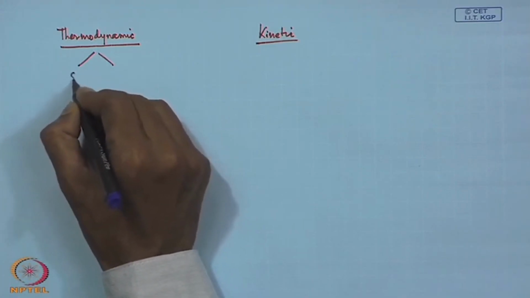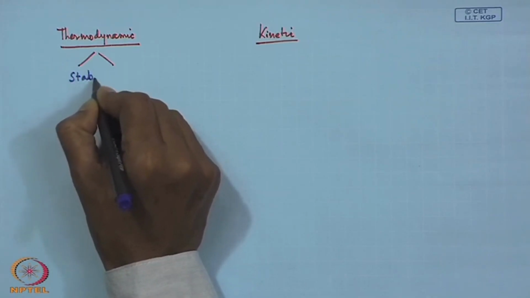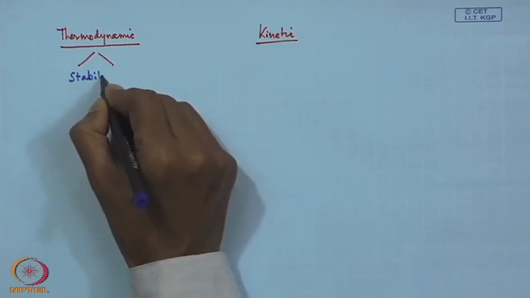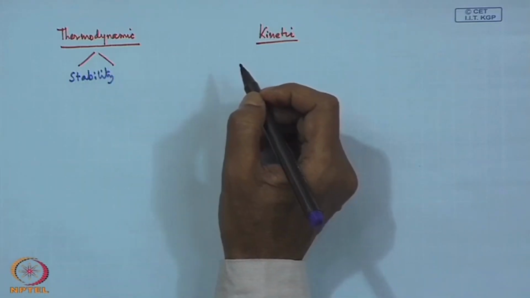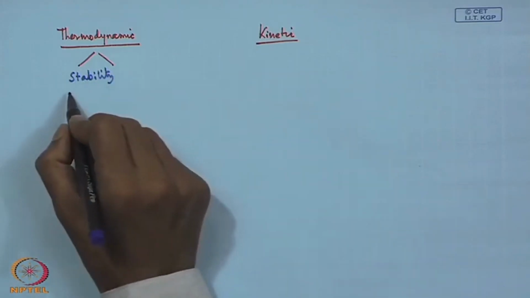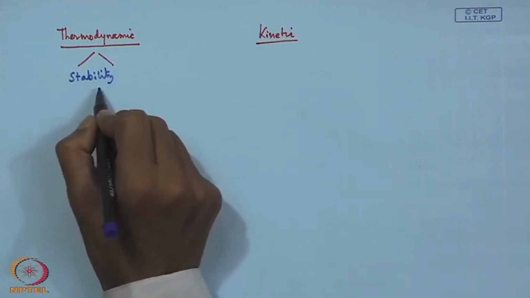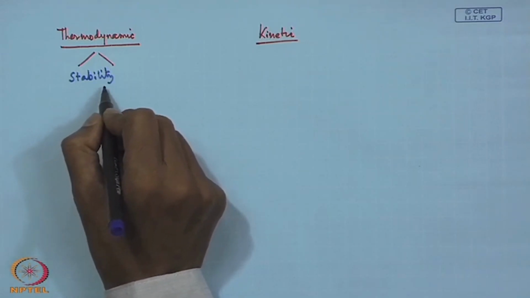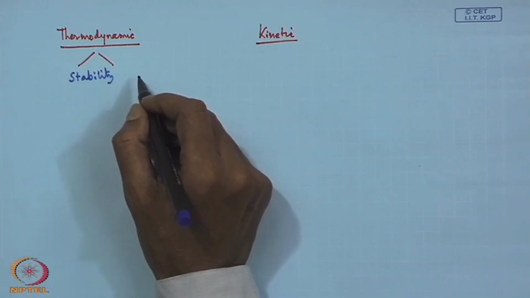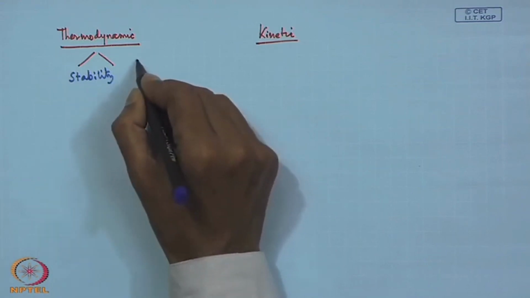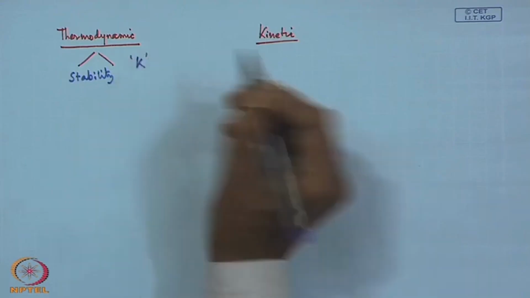So, we talk about the stability of the complex. One can be very stable, have a high stability, and one can have low stability for the thermodynamic parameter depending upon the K value.